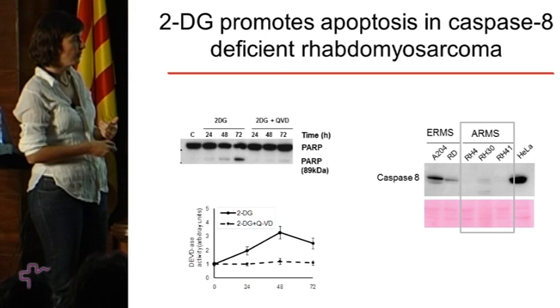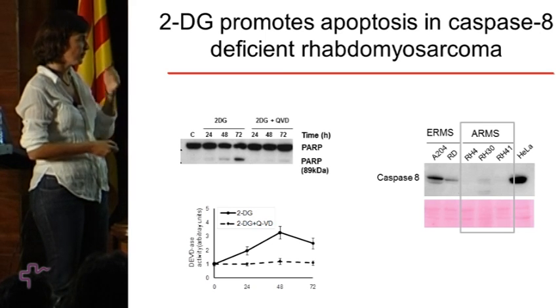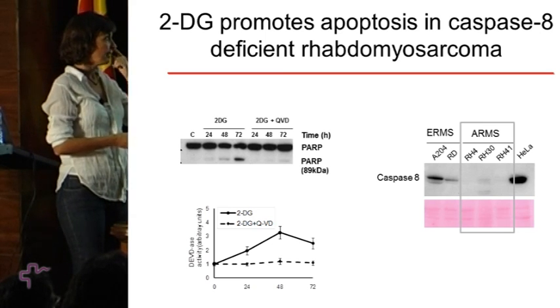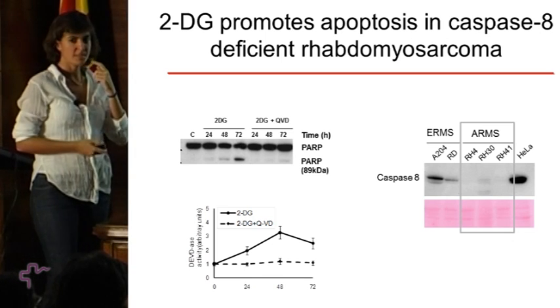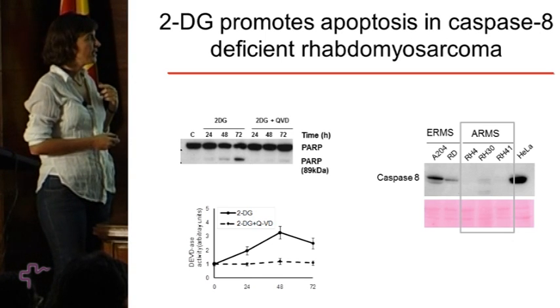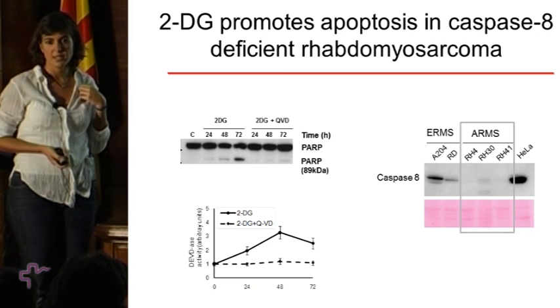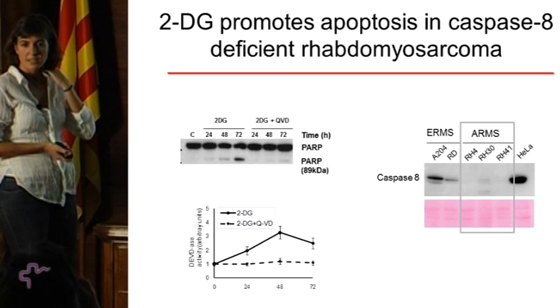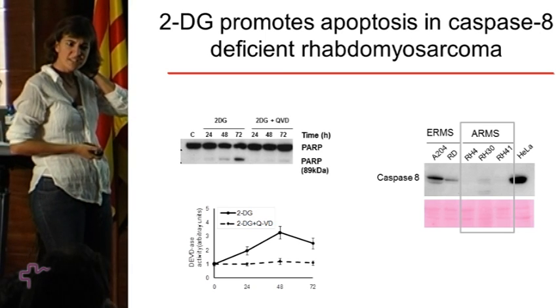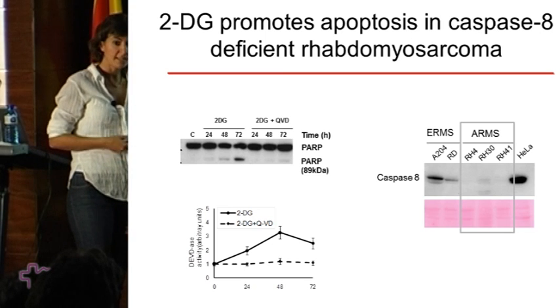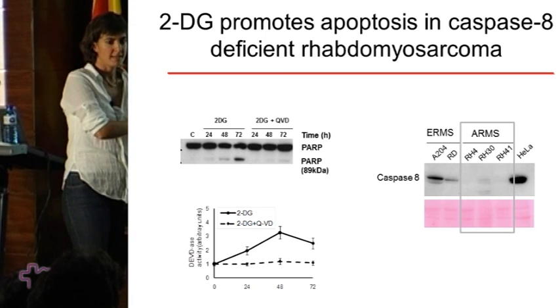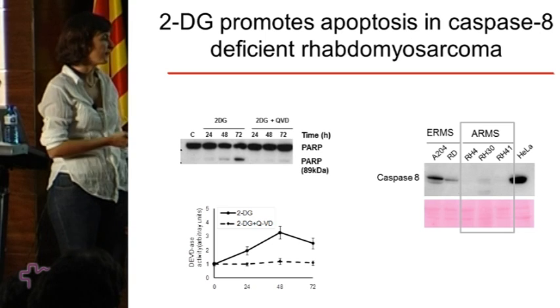And we found something funny, I don't know what to make of this, that the sensitive cells are the ones that don't express caspase-8. The resistant cells, like embryonic rhabdomyosarcoma, do express caspase-8, at least when we're comparing with HeLa cells and with other types of cells. We don't understand it, but some epigenetic silencing of caspase-8 has been found in pediatric tumors.